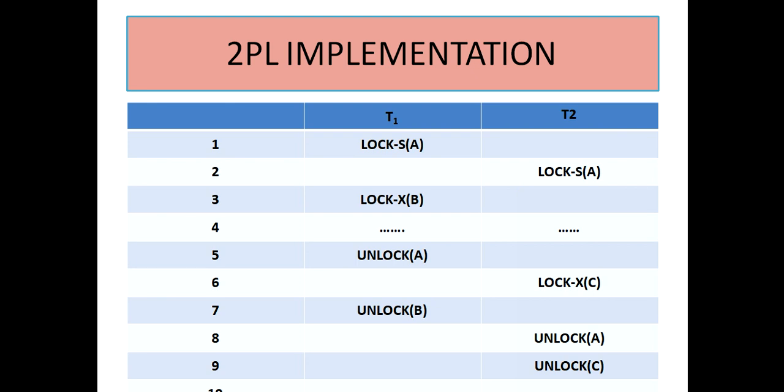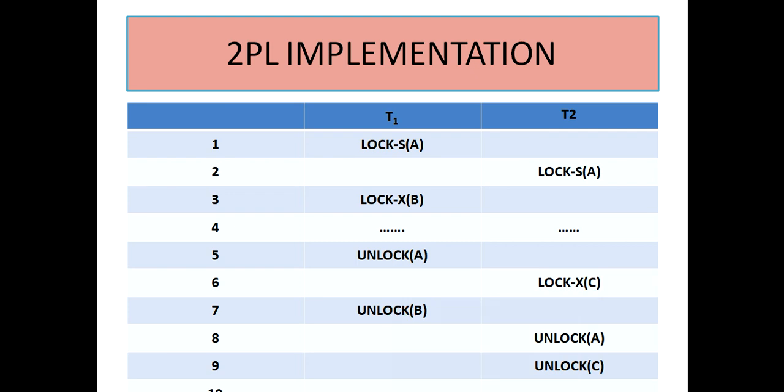T1 first locks item A in shared mode, and then T2 locks the same item A. Then T1 takes an exclusive lock on B, then unlocks A, which means it releases the lock on A. Then T2 acquires an exclusive lock on C.